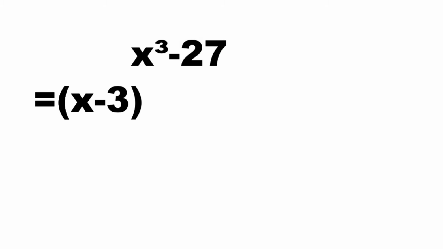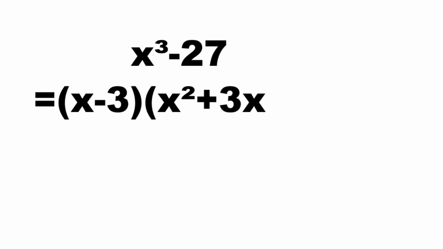And the first term of the trinomial factor is the square of the first term. Here we have x squared, then the product of these is 3x. This is plus, this is minus, minus, and this is plus, and the last term is the square of 3, which is 9.